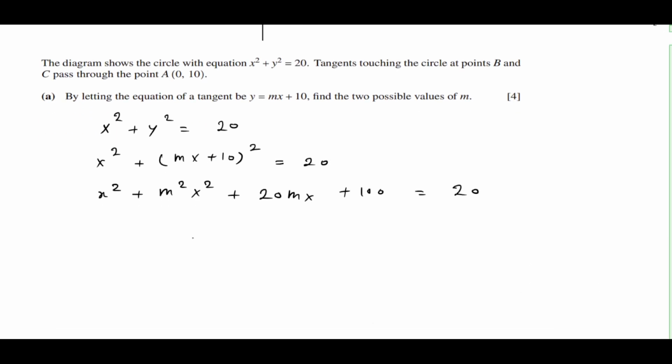Okay, so this is the quadratic equation (1 + m²)x² + 20mx + 80 = 0.